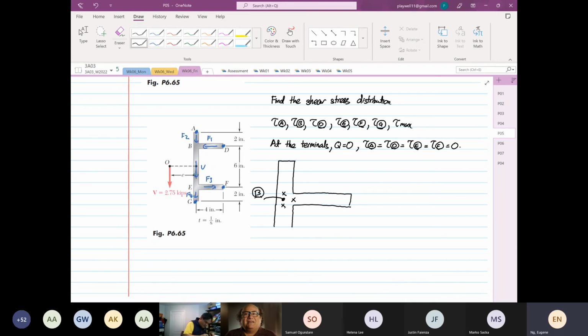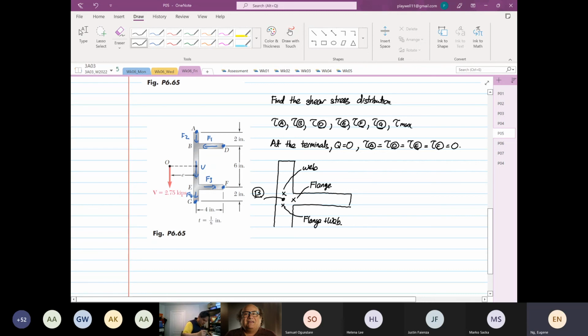This one I call flange. This one I'll call web. This one I call flange plus web. I'll just show you one.